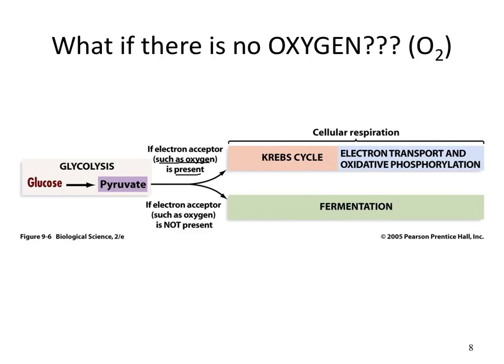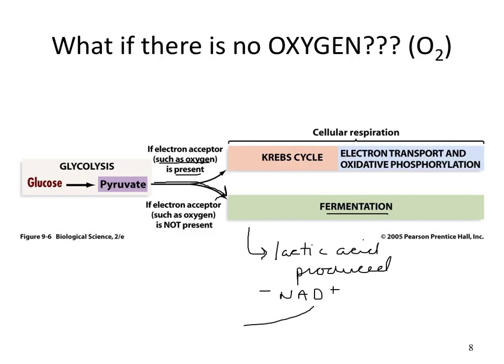If there's no oxygen present, then what happens is the pyruvate undergoes a biochemical process known as fermentation. Okay? And in fermentation, the output is usually a small organic molecule like lactic acid, which is produced, and that production allows the regeneration of NAD+, which then cycles back into glycolysis, allowing it to continue occurring, and the glycolysis is producing ATP by substrate level phosphorylation.